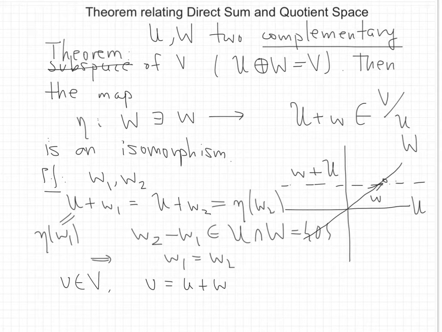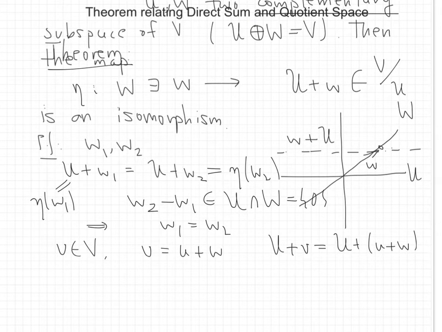All the elements in the quotient space V by U have the form v plus U, which is u plus w plus U. But since U is a subspace, this is the same thing as w plus U, and this is eta of w.